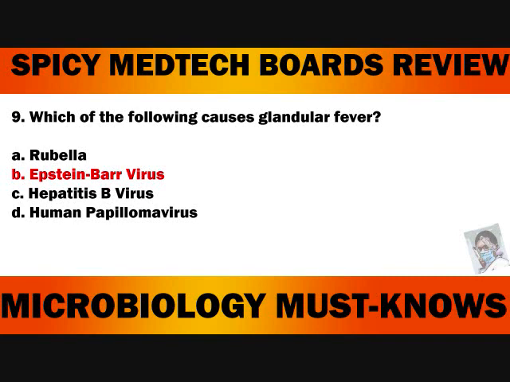Glandular fever is also known as infectious mononucleosis. Letter A, rubella, causes German measles or the 3-day measles, which is not to be confused with rubeola, the causative agent of measles. Hepatitis B virus obviously causes hepatitis, and human papillomavirus causes HPV.